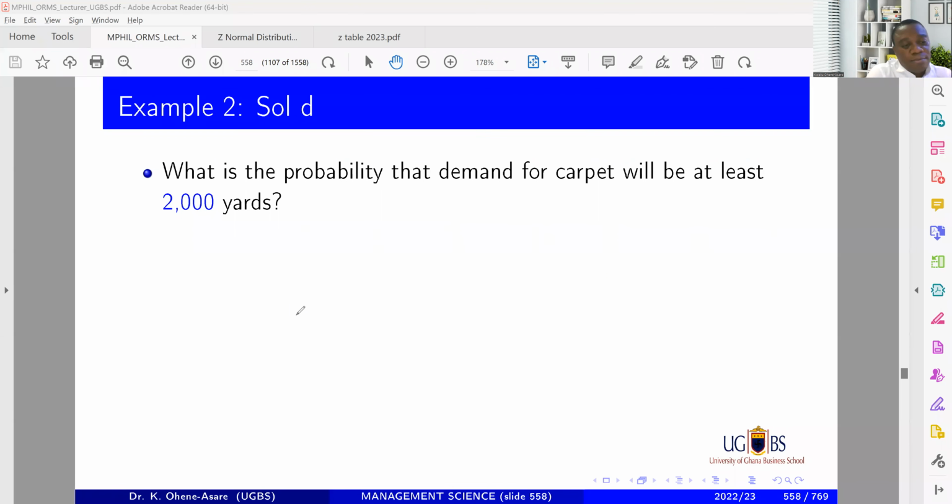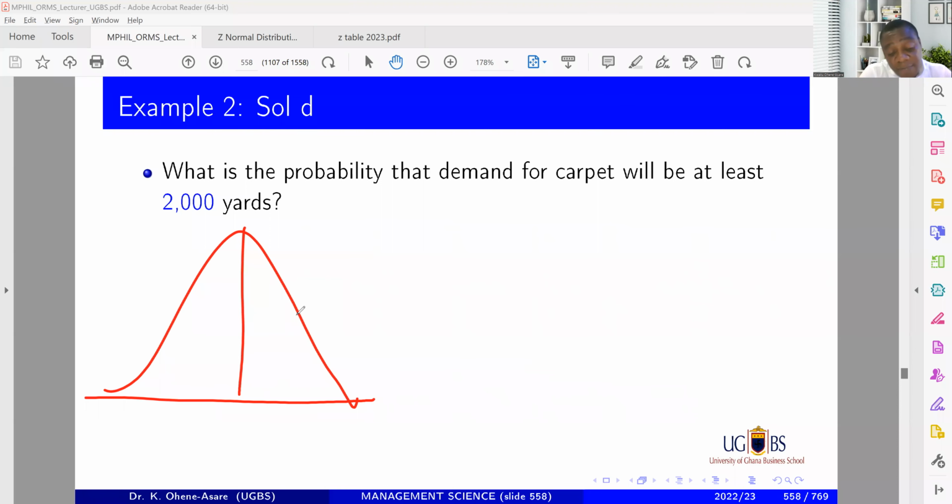Okay, so at least 2,000 yards means it's going to be 2,000 or more. So after you've written your mean, that's 4,200, and then the standard deviation, you represent the 2,000 on the left side of the curve.